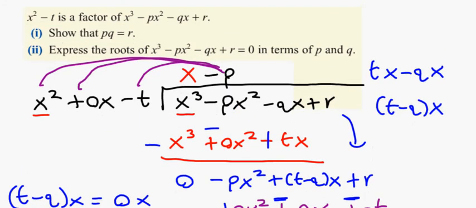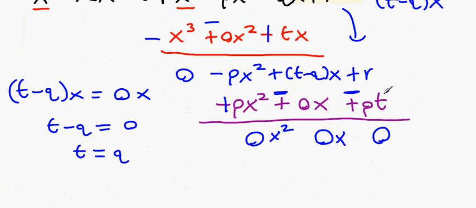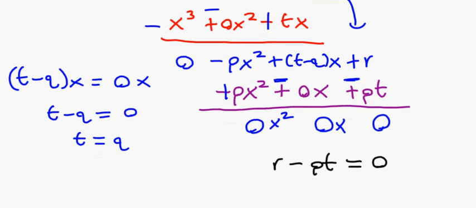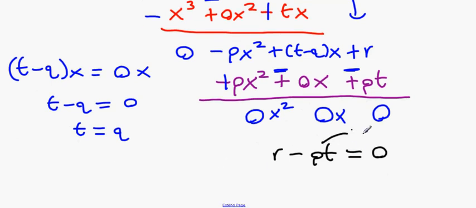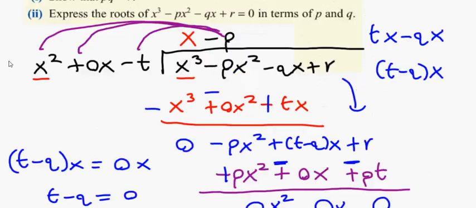And we're asked to show that pq equals r. The next one is r minus pt has to equal 0. And this therefore means that when I bring pt over to the other side, pt equals r. And we know that t equals q, so this means pq equals r. And that's what I was asked to prove.